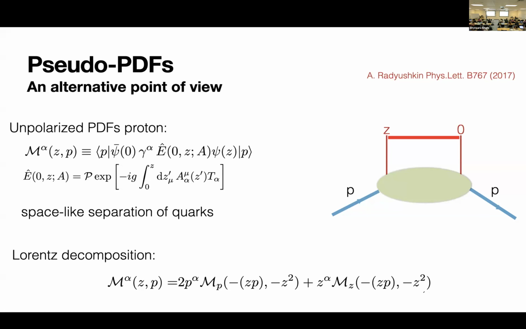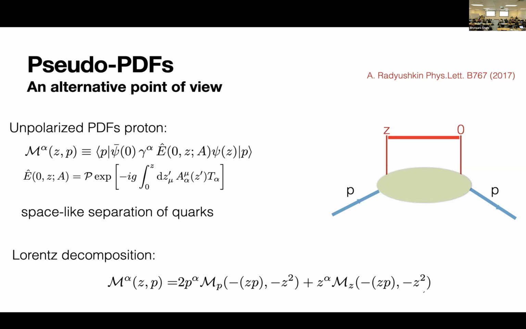So you can have a term that is proportional to p and a term that is proportional to z, and then the rest are Lorentz invariant quantities made out of p dot z, z dot z, which is z squared, and in fact p dot p, which is p squared.